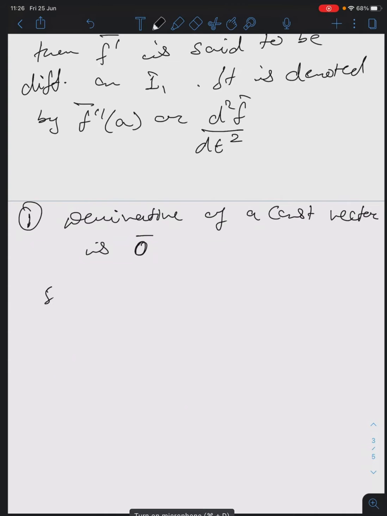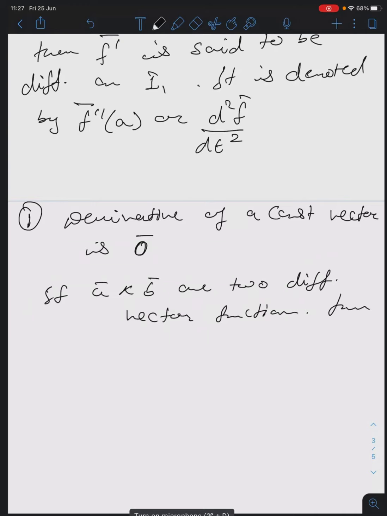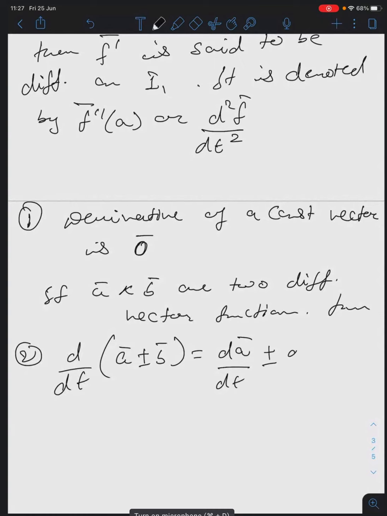Now you assume A bar and B bar are two differentiable vector functions. Two differentiable means A dash bar, B dash bar exist. Then what will be d by dt of A bar plus or minus B bar? It will be dA bar by dt plus or minus dB bar by dt.